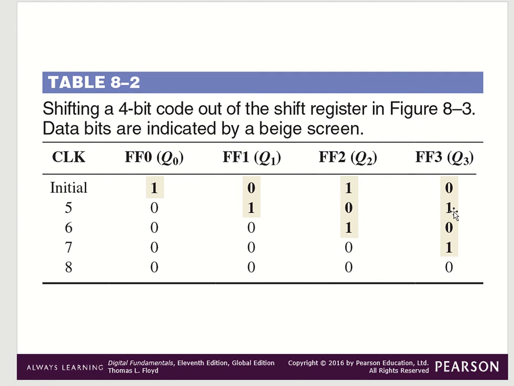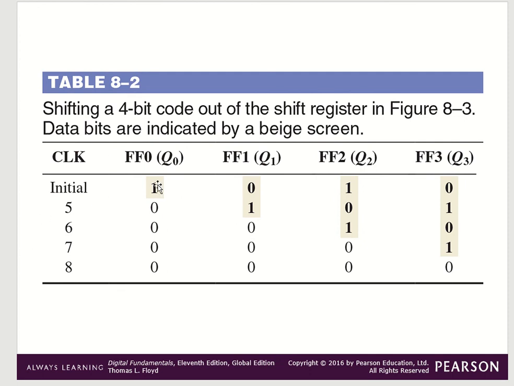During the sixth clock pulse, the next data, this 1, will move out, so what will happen is 0010. Now during the seventh clock pulse, this 0 is going out, so only the one remains. During the eighth clock pulse, all of 1010 has gone out of the register.